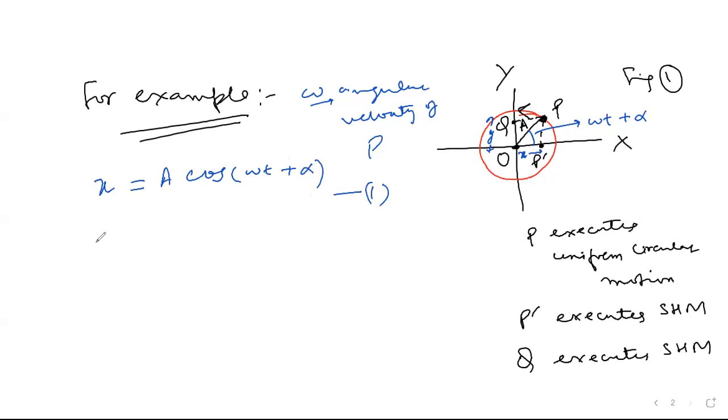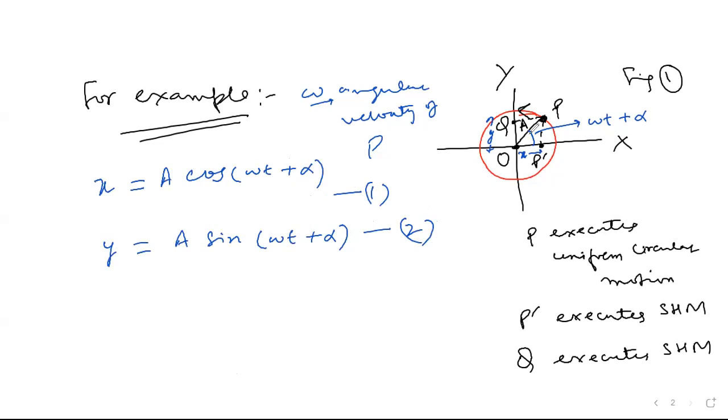And y, which gives me the position of Q, is a sin(omega t plus alpha). This is my second, right?